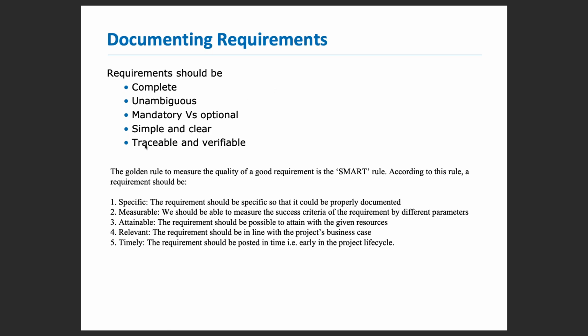We will come later on to traceable and verifiable, but right now these are some rules which, for the initial one document that you work on as a business analyst, try to follow, and I think then it will come naturally to you. You don't have to follow this or keep this handy throughout your lifetime. This is just for the initial one document, and then it will come naturally to you.